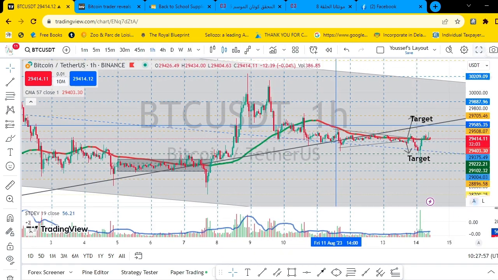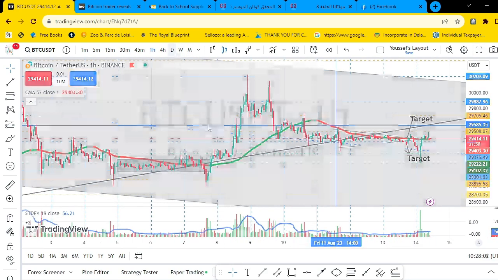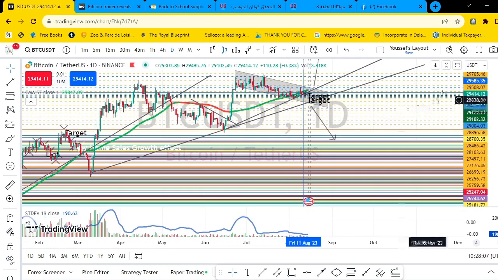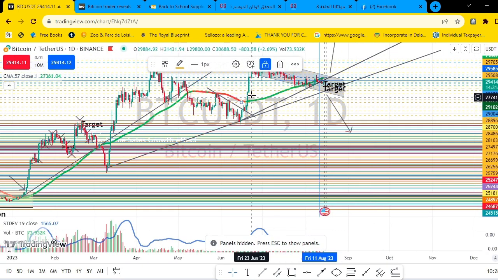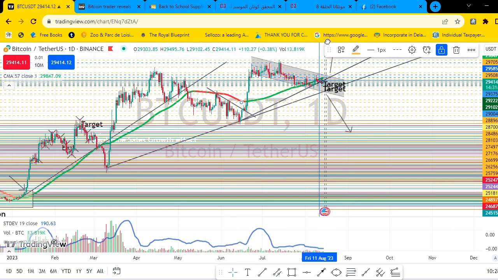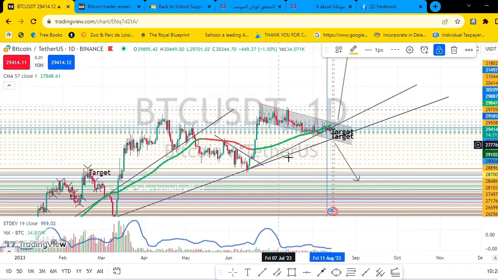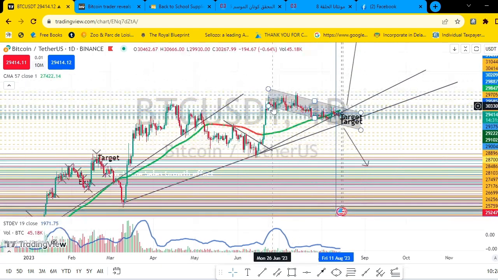Actually, that was on the daily chart. That's why you see this area got so big on the 1 hour chart. That was the daily analysis and forecast for Bitcoin.